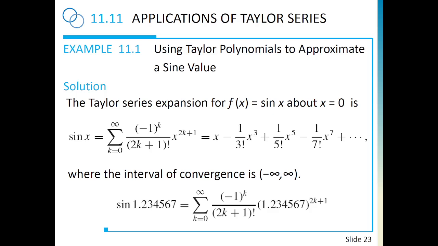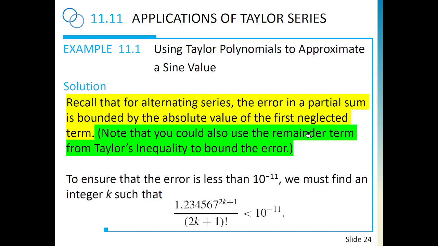Or we can use Taylor's inequality, it doesn't matter. Whenever you have an alternating series, you have two options. Either you use the alternating series estimate, which is the next neglected term in absolute value, or you use Taylor's inequality. It's up to you, it doesn't matter.